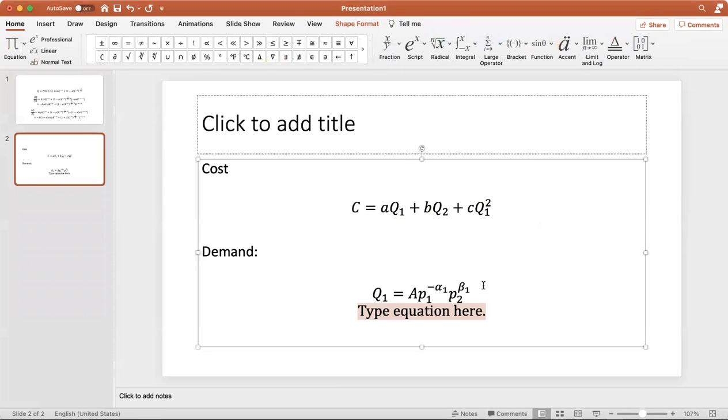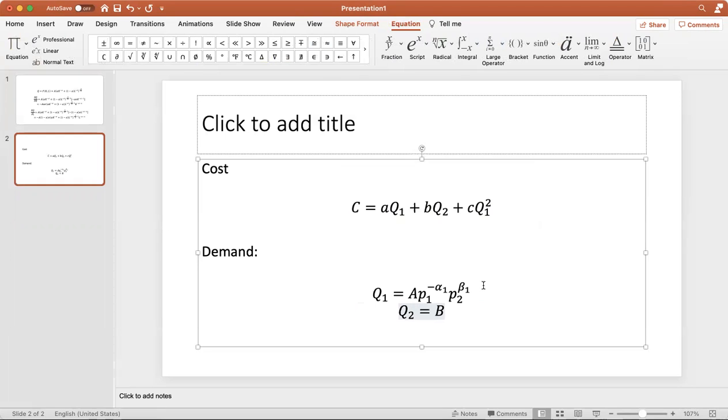So that's the demand for Q1, and the demand for Q2 is given by B P1 raised to alpha 2, P2, and this time it has a negative sign, so negative beta 2.